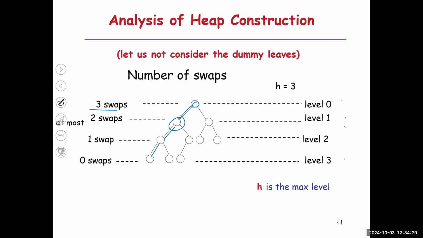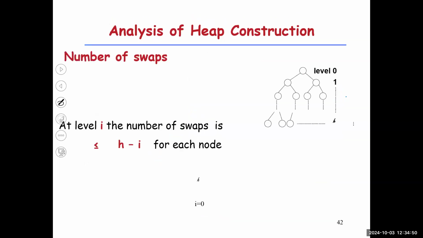If I'm at this level, what is the maximum swaps I can do? 1, 2. If I'm here, there's nothing to swap with. So what is the conclusion? For each level i, there are h minus i swaps. So keep this in mind.